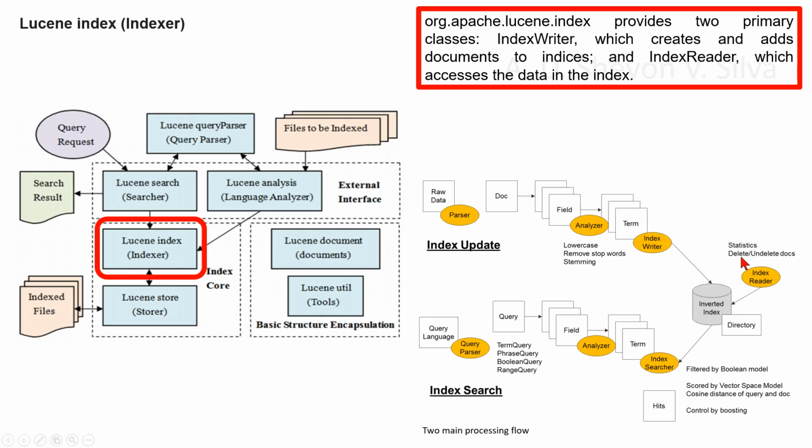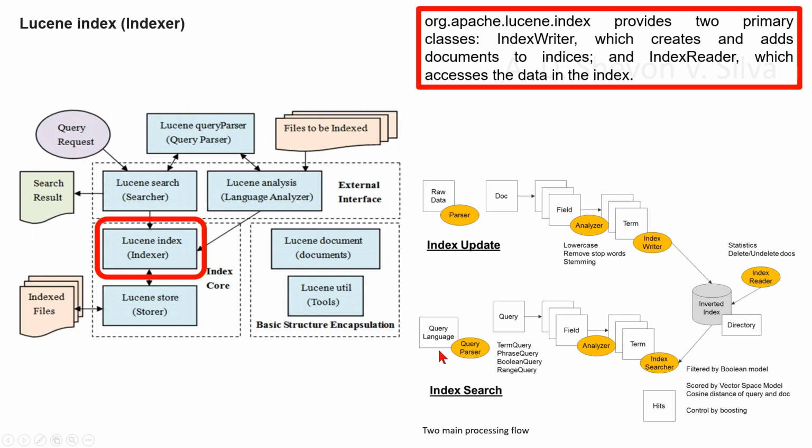Here you can see statistics, delete, undelete docs, and the inverted index is connected to the index searcher. You can see the hits also, filtered by the Boolean model, scored by the vector space model cosine distance of query and doc, and controlled by boosting.